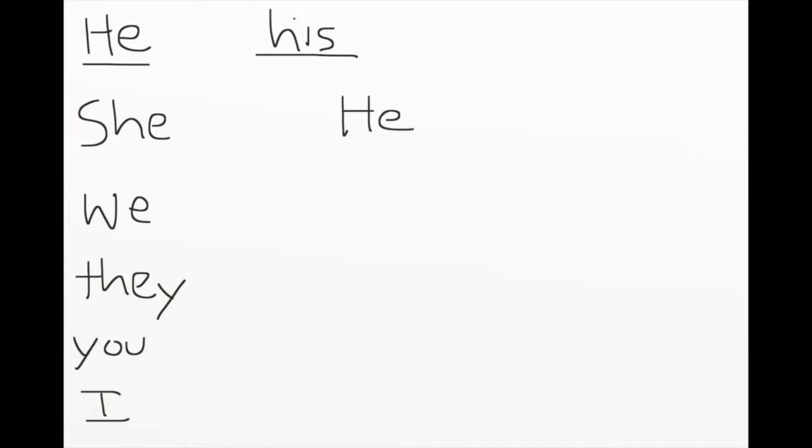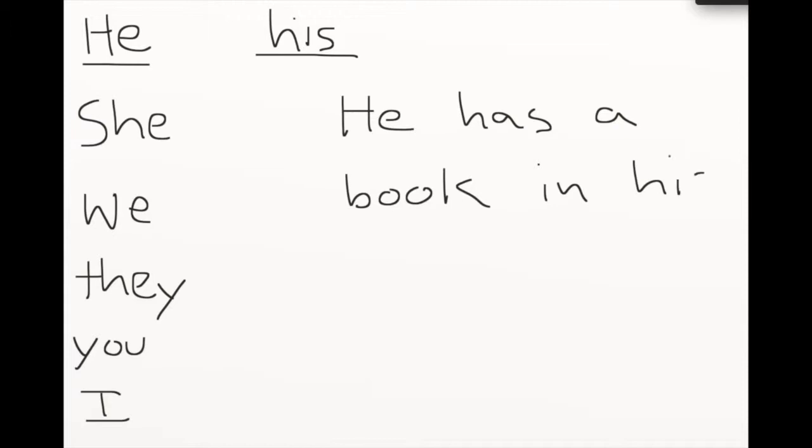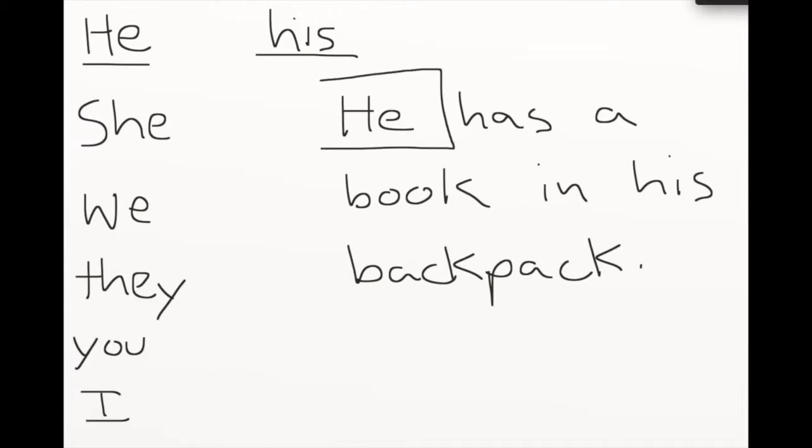He has a book in his backpack. Period. Okay, so you see here we have the pronoun and we have the possessive pronoun, he and his.